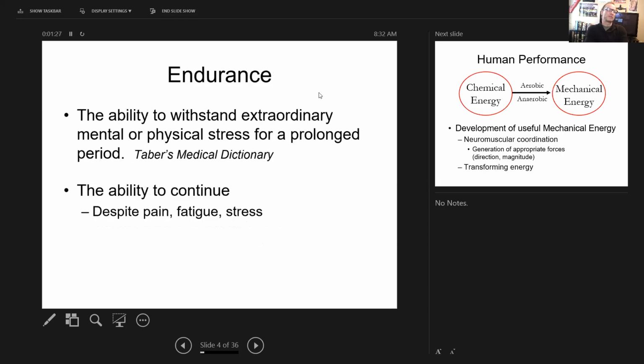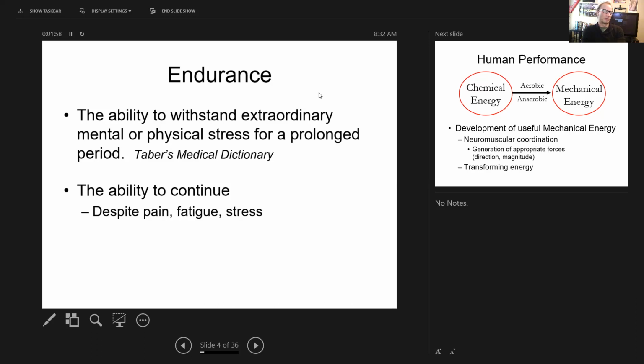All right, so now endurance is simply, if we look up in Taber's Medical Dictionary, the ability to withstand extraordinary mental or physical stress for a prolonged period of time. So extraordinary. Or if we look up in just a general dictionary, Webster's or what have you, the ability to continue despite pain, fatigue, and stress. So this class is focused on endurance performance.